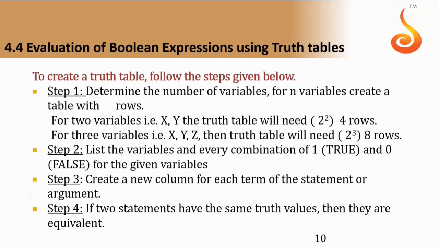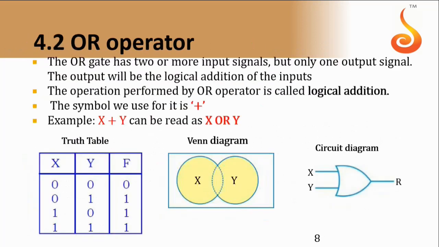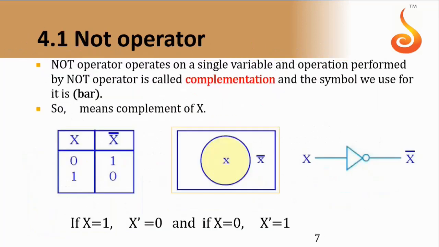The next is evaluation of Boolean expressions. Before that, let me go back. NOT is nothing but the negation, the complement: 0 is 1, 1 is 0. It works on a single variable input, and the operation performed by NOT is called complement.